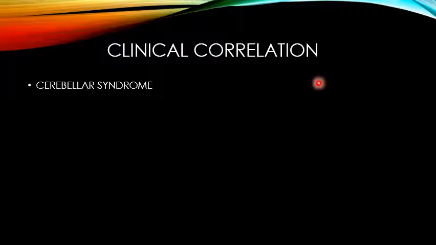Then certain syndromes are seen in the individual. First, there is disturbance in tone and posture. The person may show atonia or hypotonia. Atonia is loss of tone and hypotonia is reduction in tone of the muscles. This can happen if there is loss of facilitatory impulses from the cerebellum.